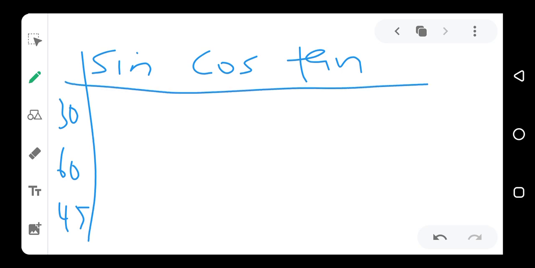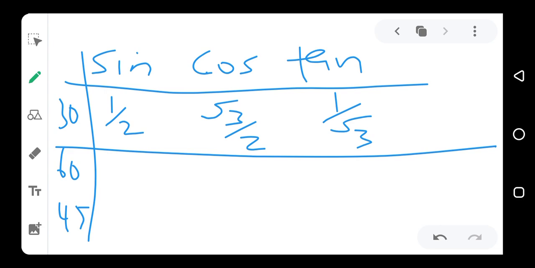Sine 30 is 1 over 2. Cos 30 should be root 3 over 2, while tan 30 is 1 over root 3.